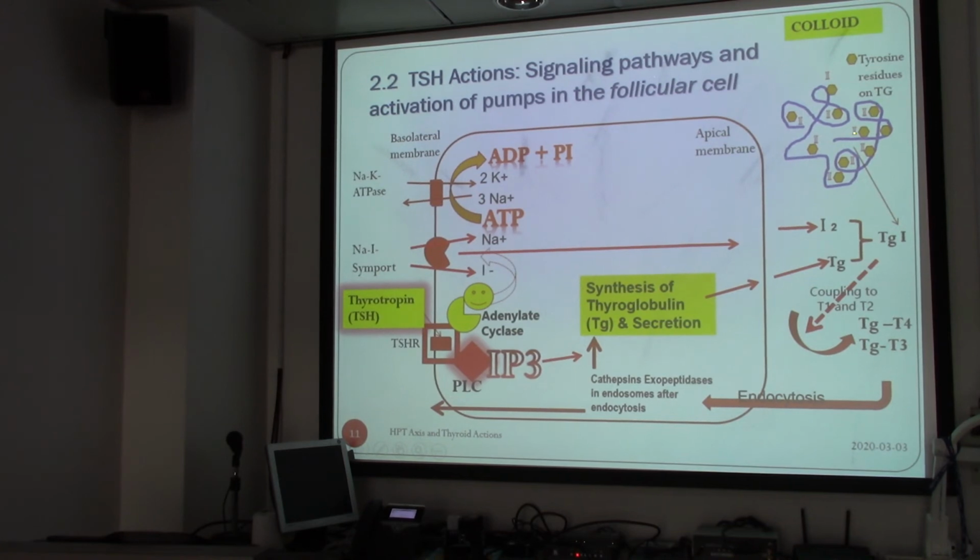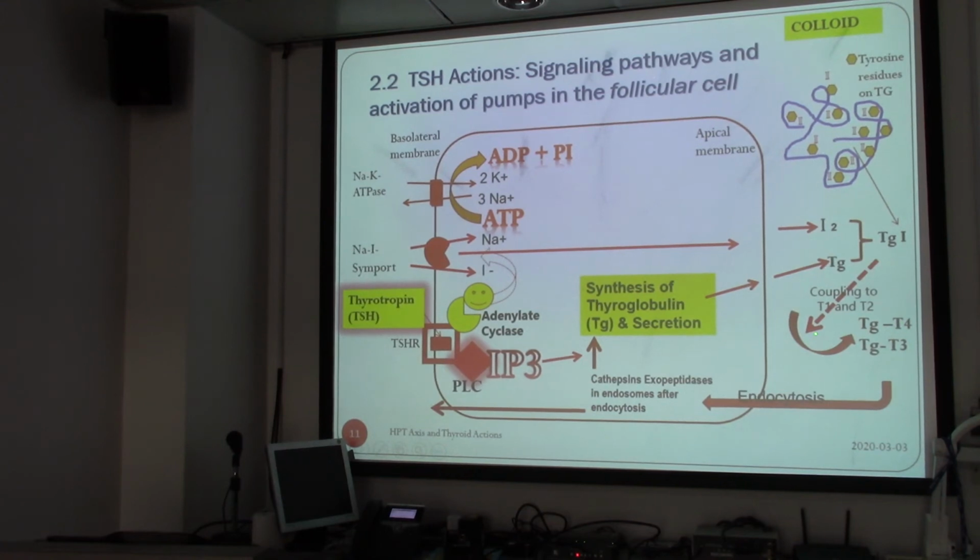Alright, so with this, we appreciate the structure of these tyrosines inside this protein in the colloid known as thyroglobulin. The purple part is the thyroglobulin. And this thyroglobulin would have a lot of tyrosine, and after iodination and then coupling of MIT and DIT, forming T4.